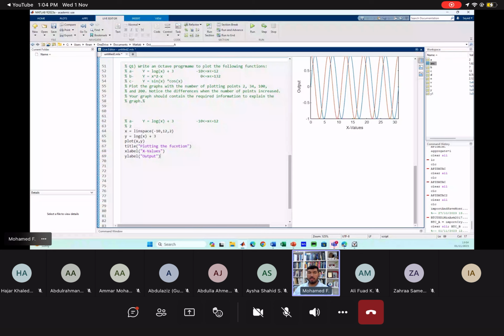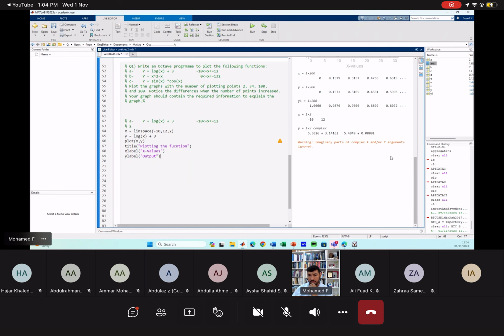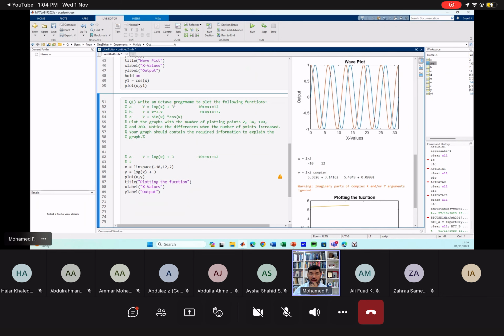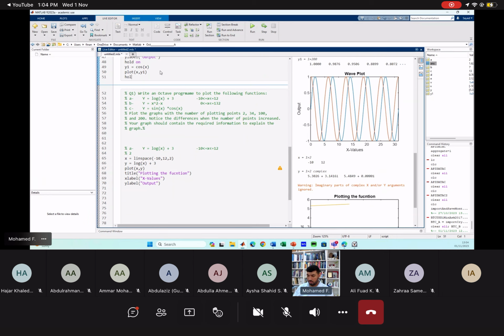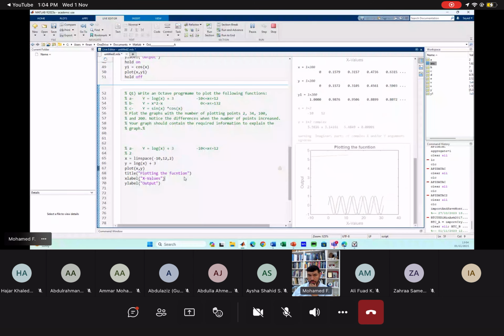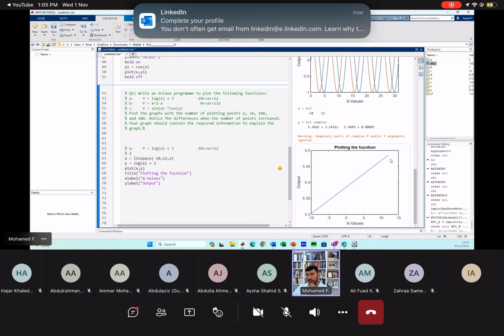Okay, just to make it short. Now, once we run it, sorry, I have to hold off. There. So we can see when we have 2 points, it's just like that as a line.